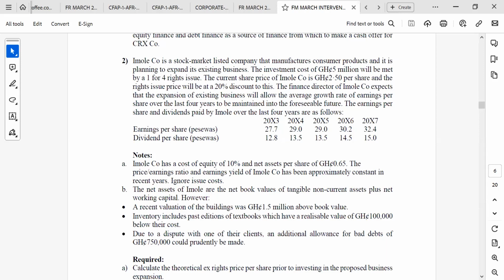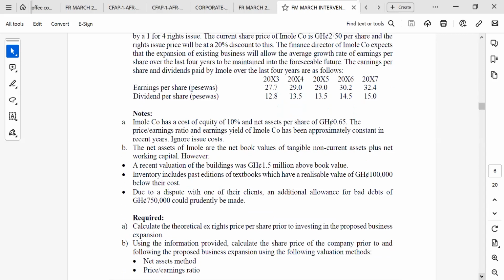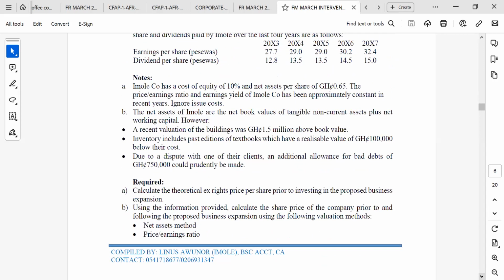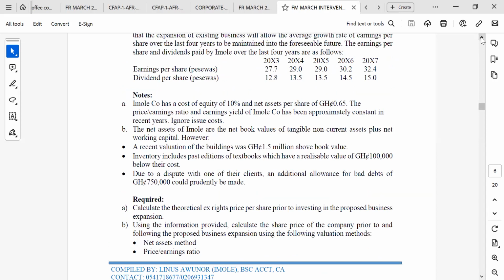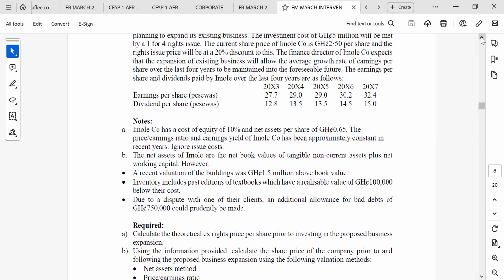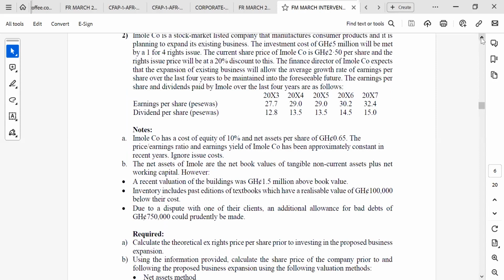So the first one is what? What are they asking us to calculate for the first one? The theoretical ex-rights price. So what do we need to calculate that? We need the shares, isn't it?